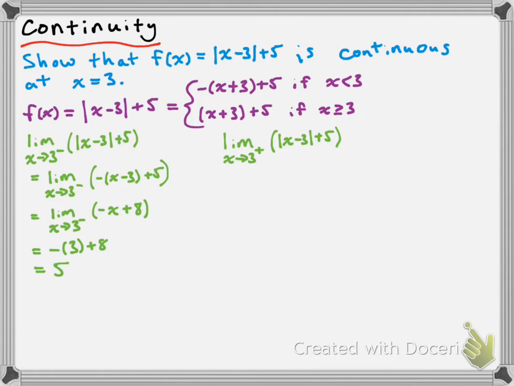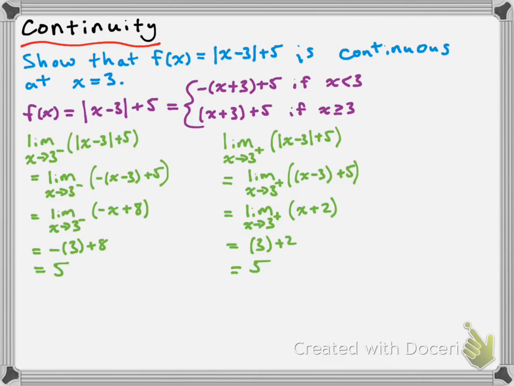Well, if we're approaching 3 from the right, we're approaching 3 from values of x which are greater than 3, which means we can use the second expression to evaluate this limit, which means we have the limit as x approaches 3 from the right of x minus 3 plus 5. This, of course, is also going to simplify. The negative 3 and the 5 are going to add together, right? And we're going to get the limit as x approaches 3 from the right of x plus 2. This can be evaluated using a substitution as well. So we're going to have 3 plus 2, which, of course, evaluates to 5 as well.